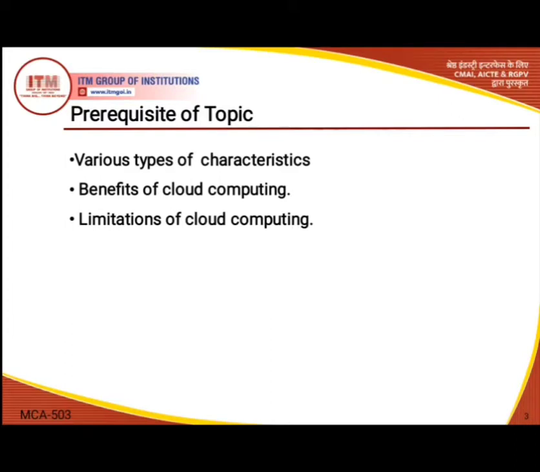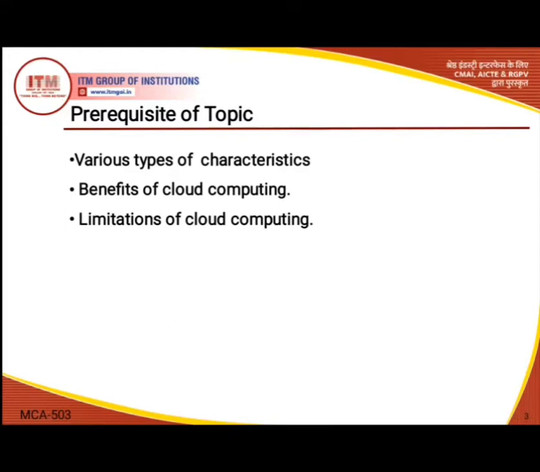We also discussed resource pooling, where the provider's computing resources are pooled to serve multiple consumers using a multi-tenant model. This multi-tenant model uses physical and virtual resources dynamically assigned and reassigned according to consumer demand.